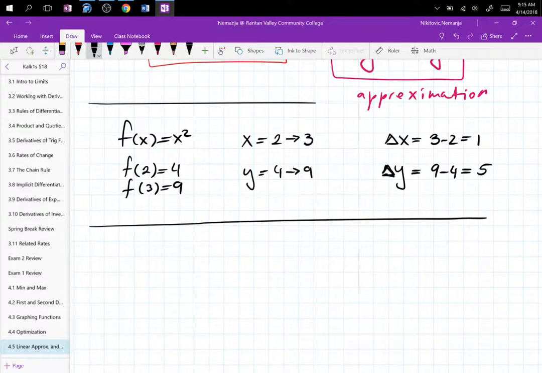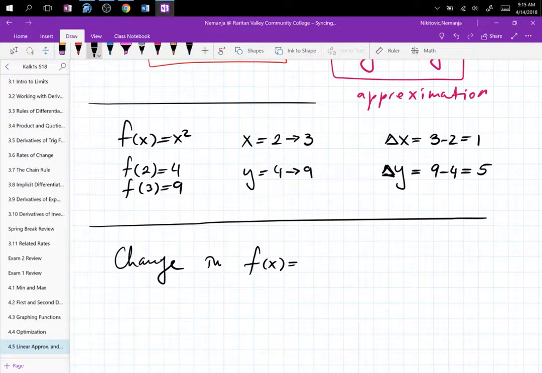So say that you want to compute the change in f of x equals square root of x when x goes from 4 to 4.3.